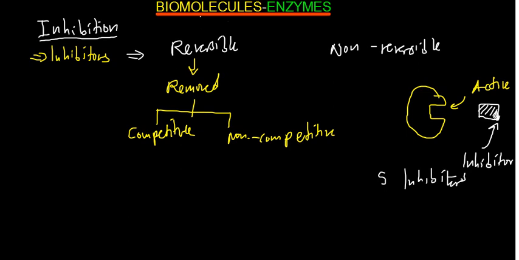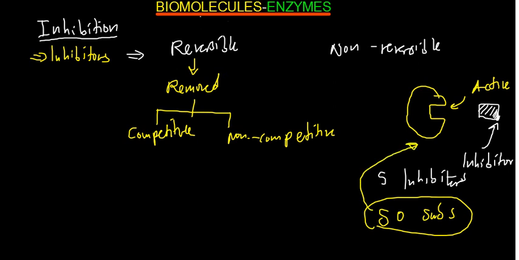If you want these inhibitors to have little effect on the rate of reaction, then use a higher number of substrates, for example 50 substrates. This increases the probability of substrates attaching. You know that it is all about chance, so the more the number, the higher the chances. That is how you reduce the competitive inhibition.